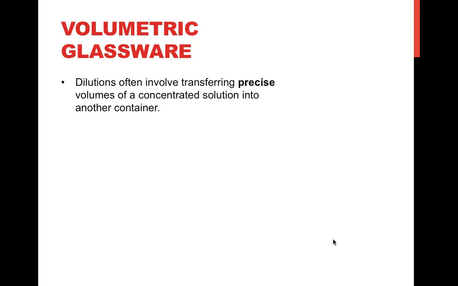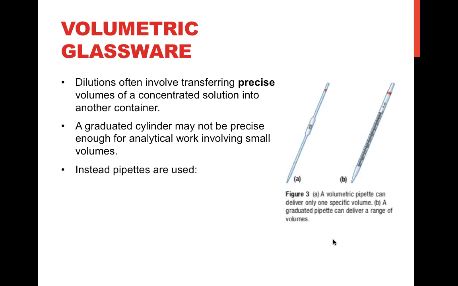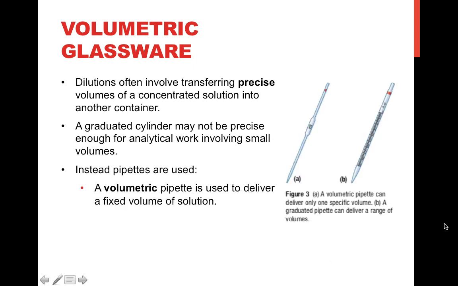Similar to preparing solutions, when we're carrying out a dilution, we're going to use precise volumes. With that, a graduated cylinder may actually not be precise enough for some of the analytical work that's required. So pipettes are commonly used, and there are two types of pipettes. The first is a volumetric pipette, which delivers a fixed volume of solution, similar to the volumetric flask, which holds a fixed amount.